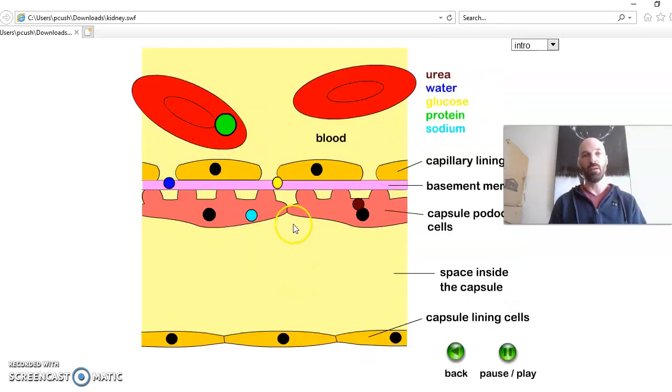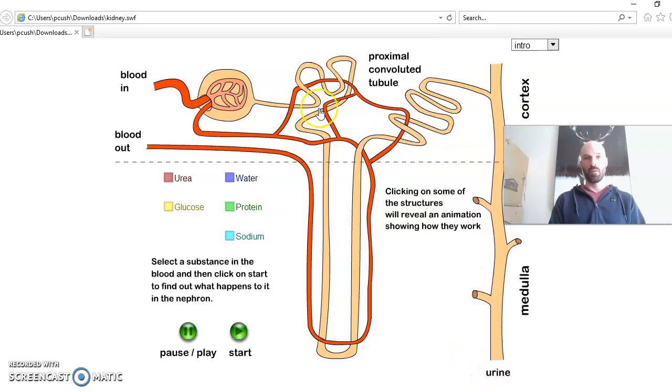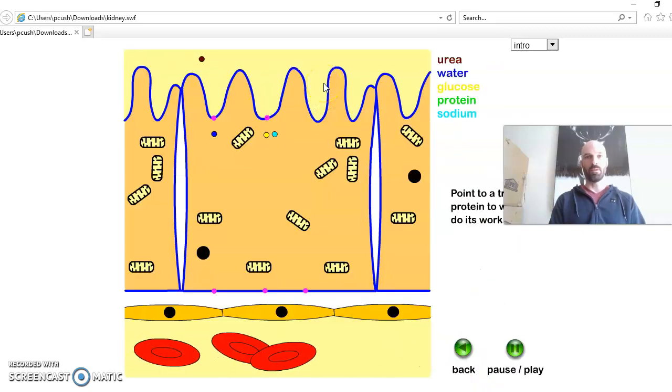Here is a close-up version of what's happening in the Bowman's capsule between the capillaries and the renal tubule, and as you can see, the protein is not absorbed, but all the other molecules are because they're small enough. Now we're in the proximal tubule.